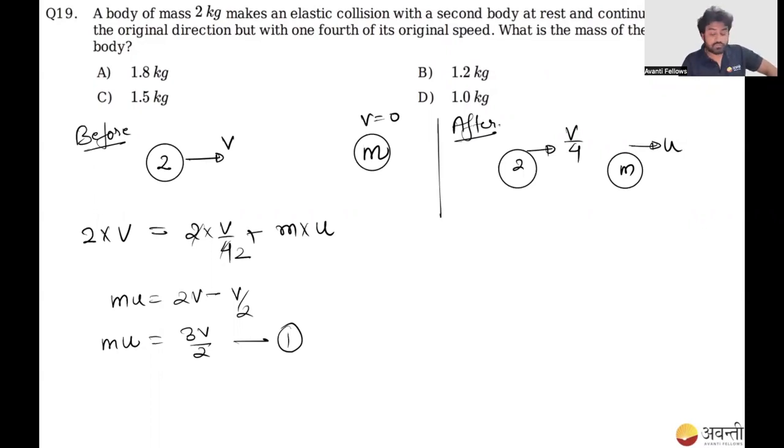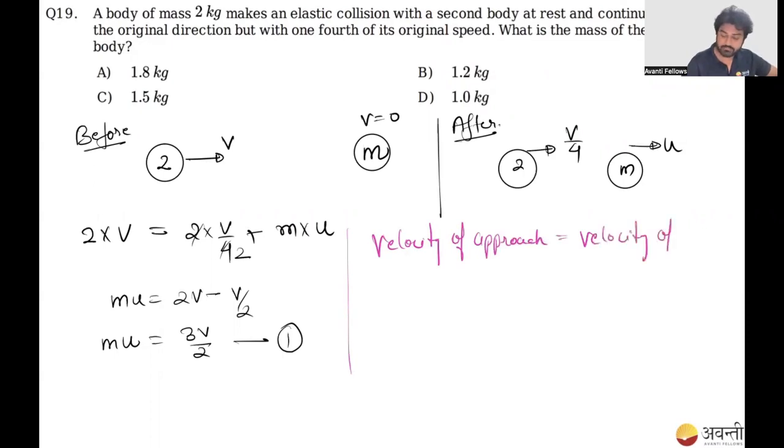In elastic collision, what happens? You can remember this, that velocity of approach is equal to velocity of separation, right? This is always equal. Velocity of approach means with what velocity they were approaching initially. After collision, they will go apart. So with what velocity they are going apart, right?